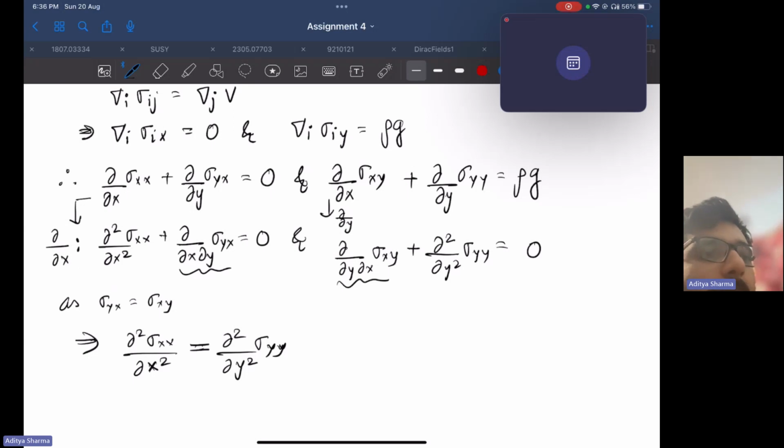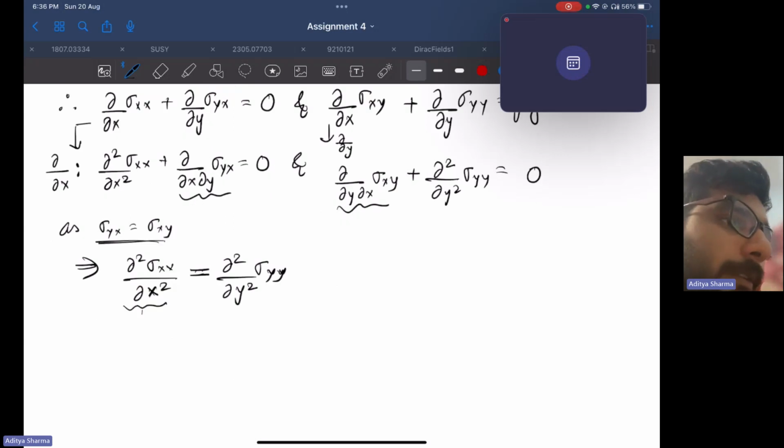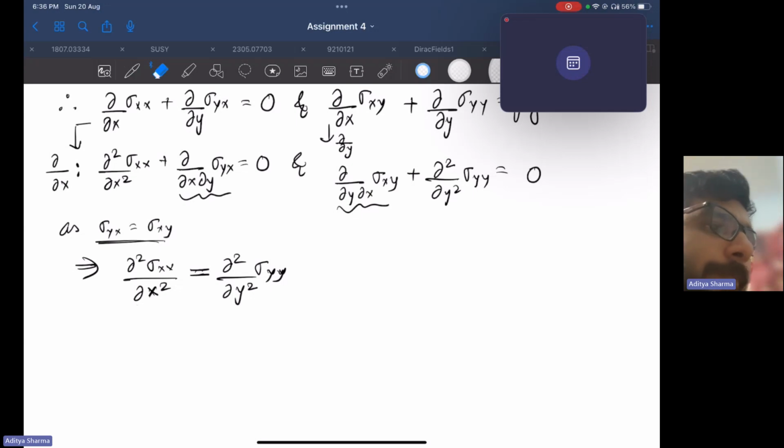This is based on this assumption, which is mostly true. Now, what you're going to do is argue that since this is only a function of... no, this argument may not work.